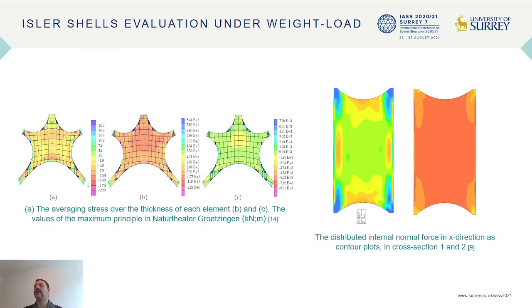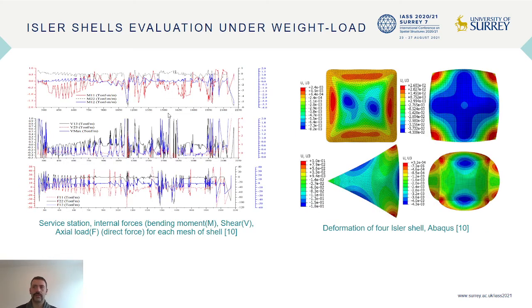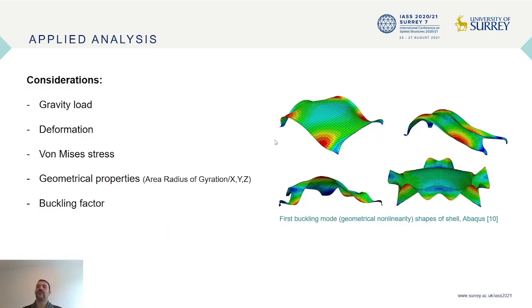Therefore, after him, different researchers tried to evaluate the performance of those shells under gravity. I'm in the same group as Mr. Heristchian and Mr. Kloft, and we also evaluated those shells under gravity regarding different components such as the amount of forces, deformation, stresses, and also the geometrical differences between these shells.